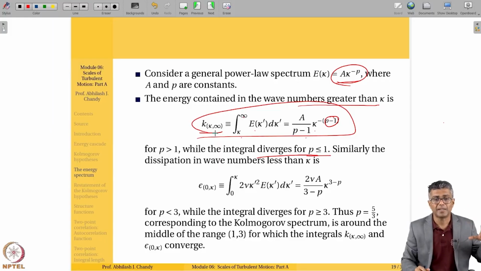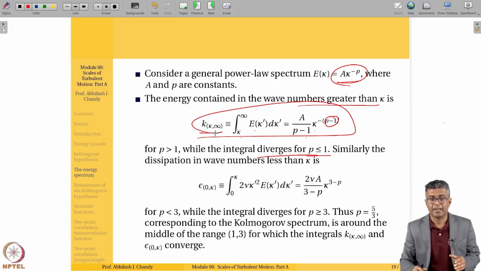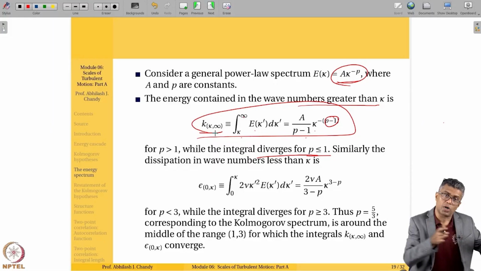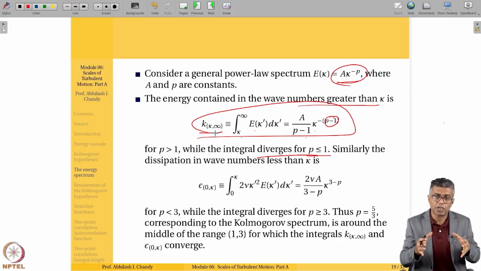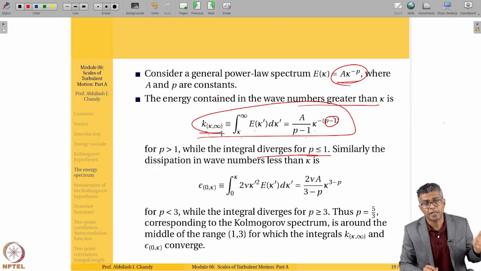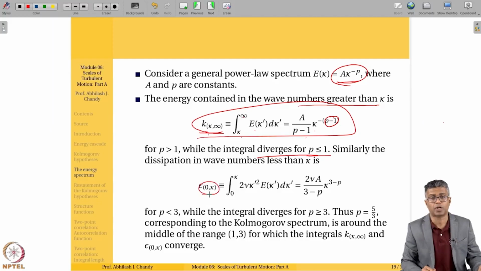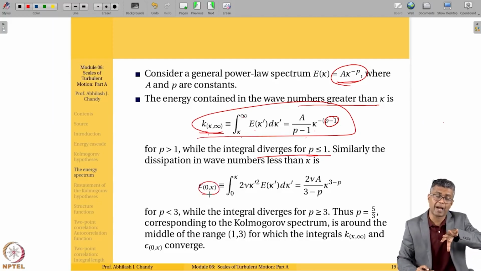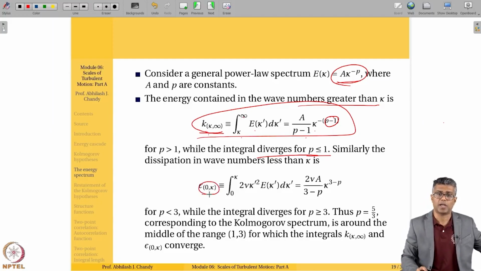Similarly, if I look at the dissipation, and again, dissipation happens towards the small scales. Turbulent kinetic energy comes from the large scales. That is why I took kappa to infinity. When I am taking dissipation, I am going to take 0 to kappa. Why? Because dissipation happens towards the smaller scales.